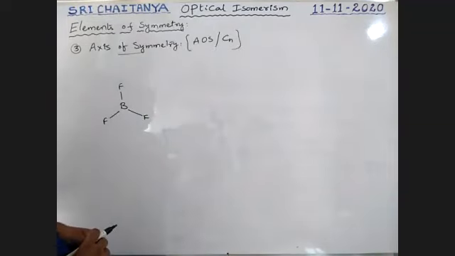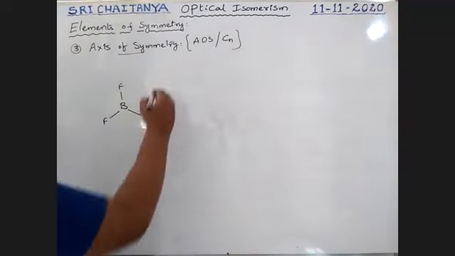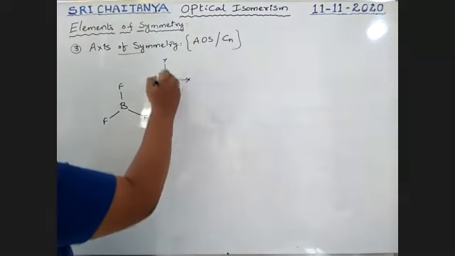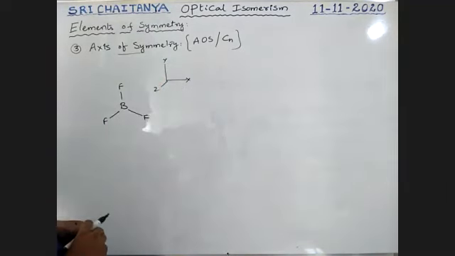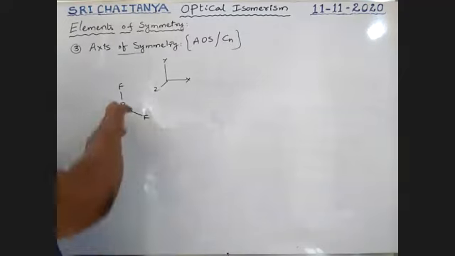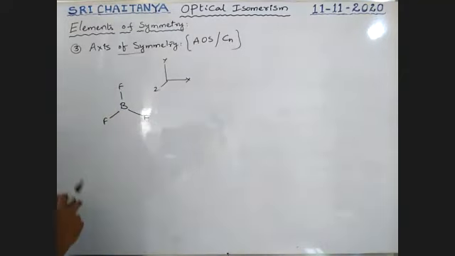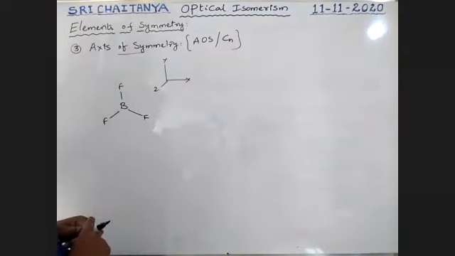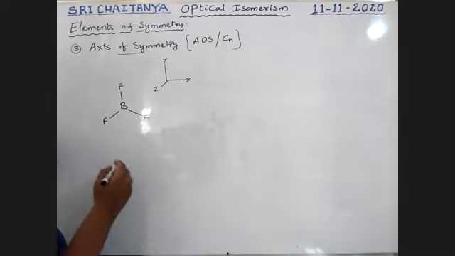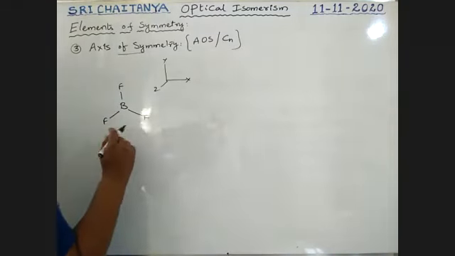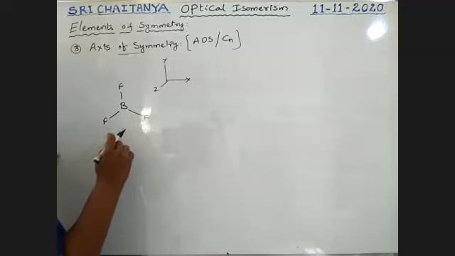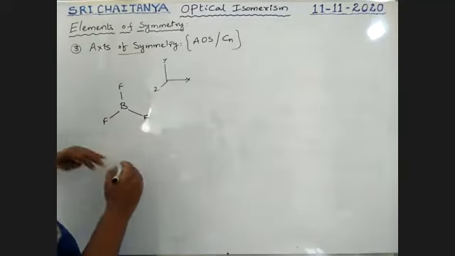BF3. Okay, so this is the x-axis, this is the y-axis, this is the z-axis. I am rotating along the x-axis. See here, now I am rotating twice along the x-axis.